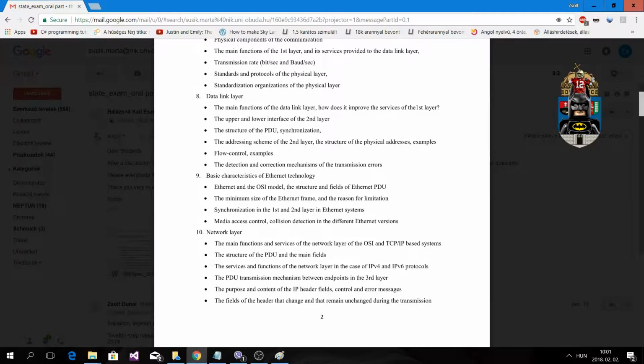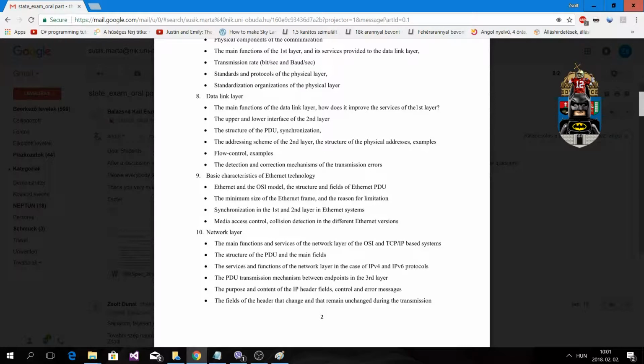So how does it improve the service of the first layer? It's quite easy: there is the transmitter, which is host A, and there is a receiver, which is host B. If host A sends a signal, host B, the destination, will do error detection at the data link layer. So that's how it improves.